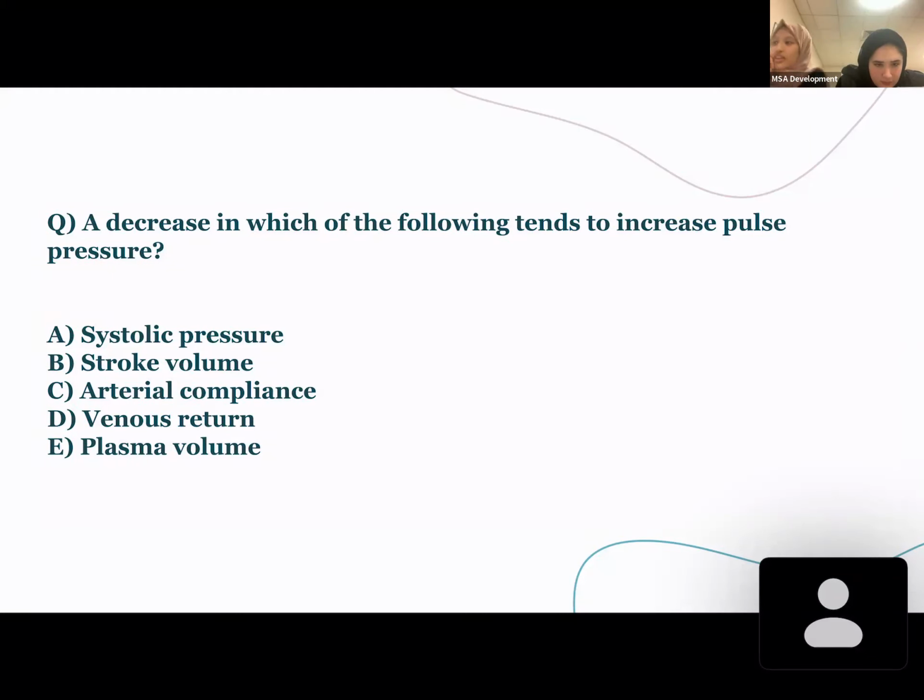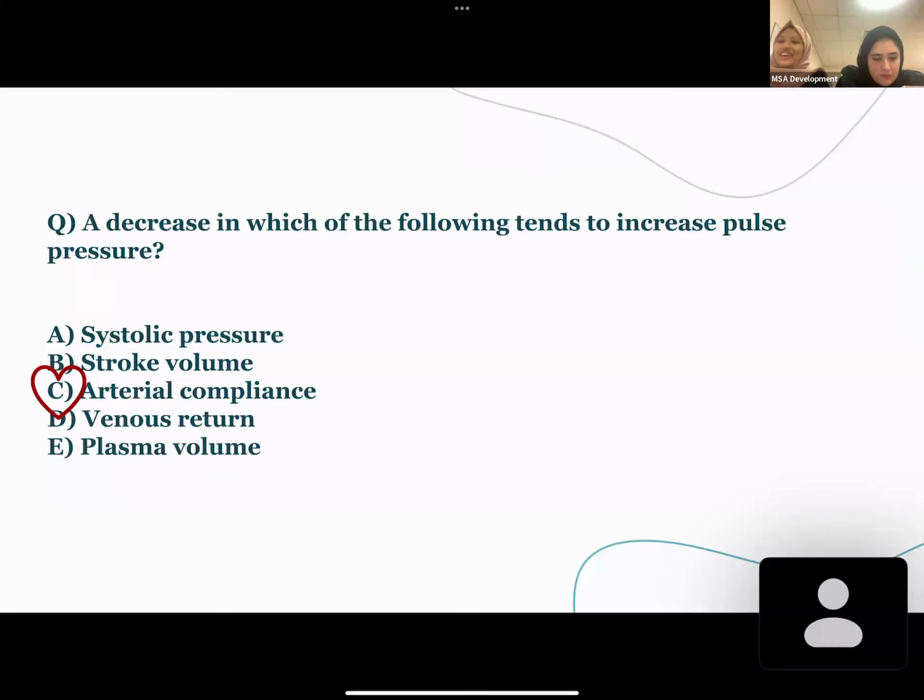Someone said C. I'll say what pulse pressure is in case: it's the difference between systolic and diastolic pressure, right? Someone said C. Someone said D. Okay, so I'll explain because most said C. The correct answer is C.